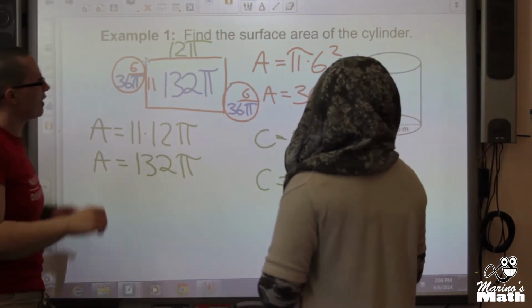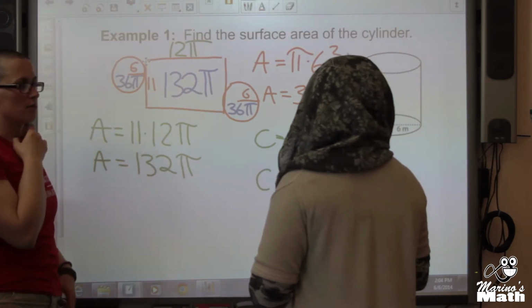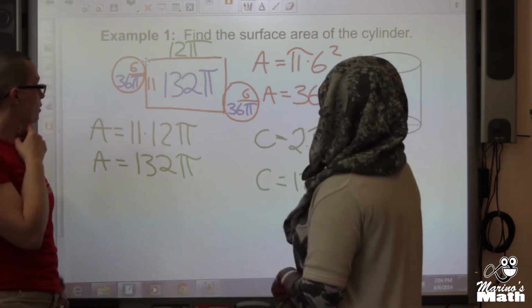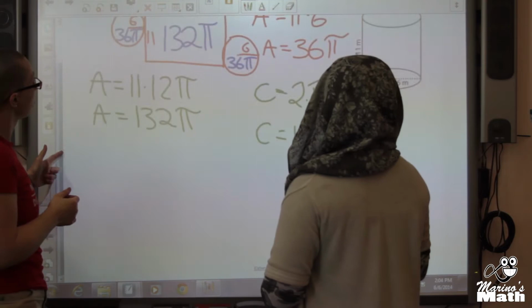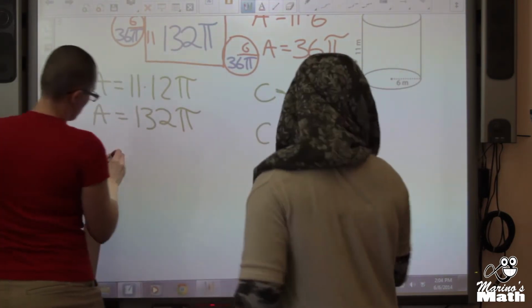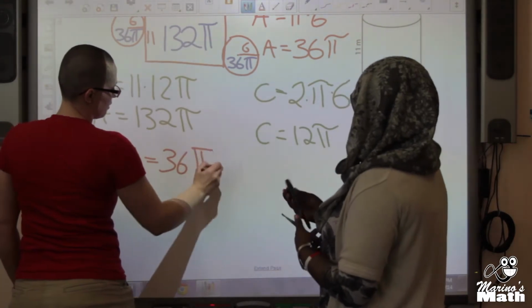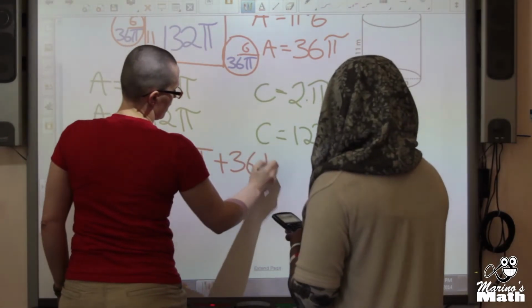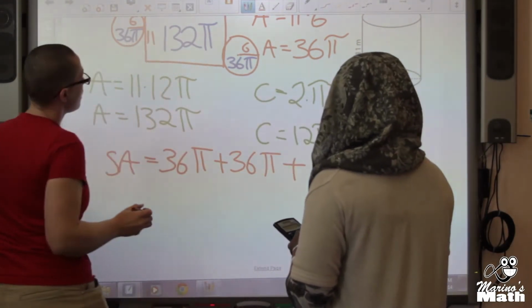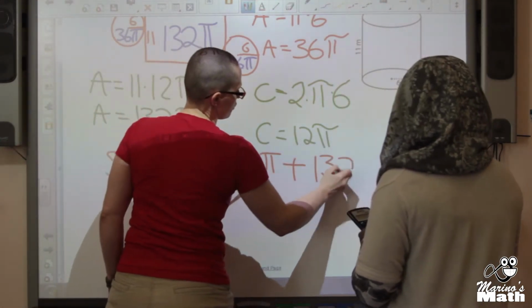And now how can we find the entire surface area altogether? We add all of them together. So we're going to have 36 pi plus 36 pi plus 132 pi.